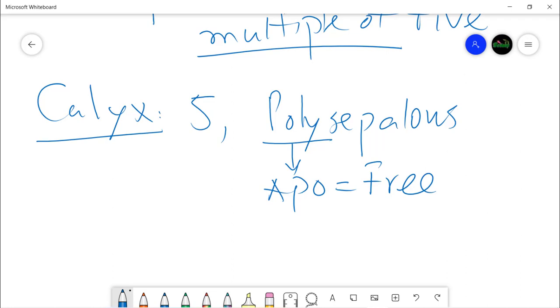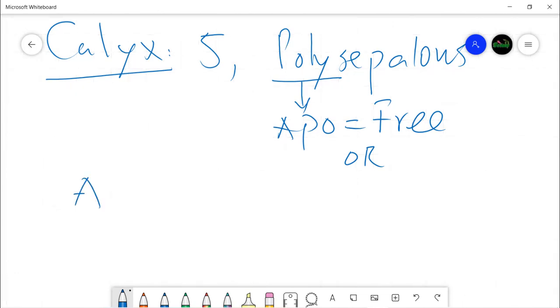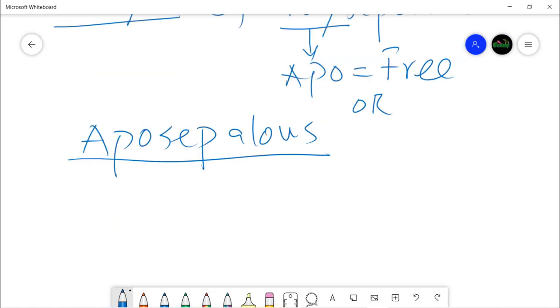So polysepalous, or if we use the word apo, aposepalous. So we are going to stick to this term apo rather than poly. So aposepalous and apopetalous. So calyx 5, sepals 5, and they are free from one another.